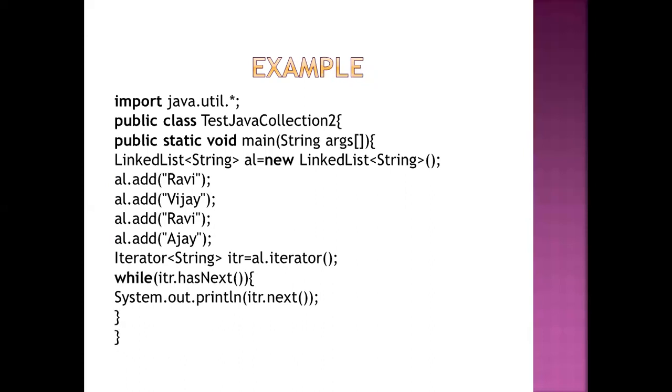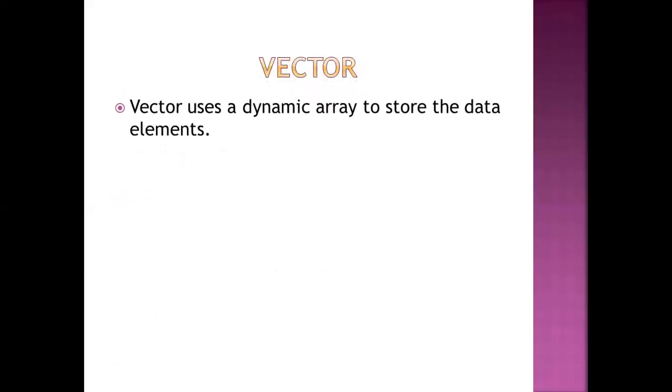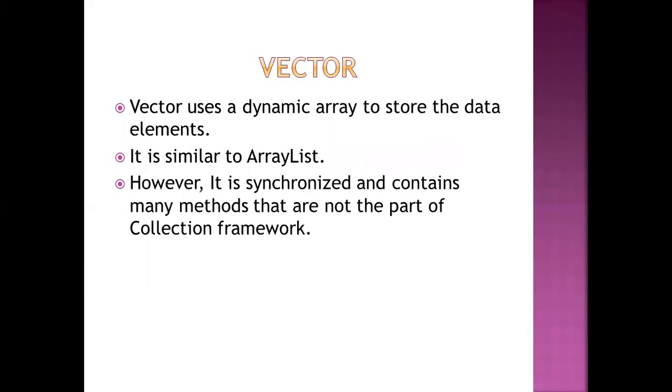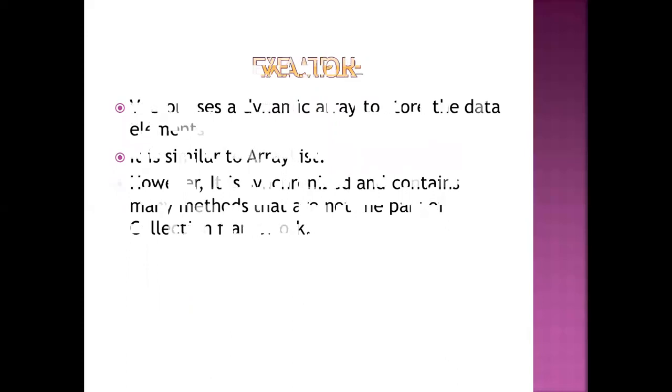Let's move on to the next class, which is the vector class. The vector uses a dynamic array to store the data elements. It is similar to ArrayList. However, it is synchronized and contains many methods that are not part of the collection framework.